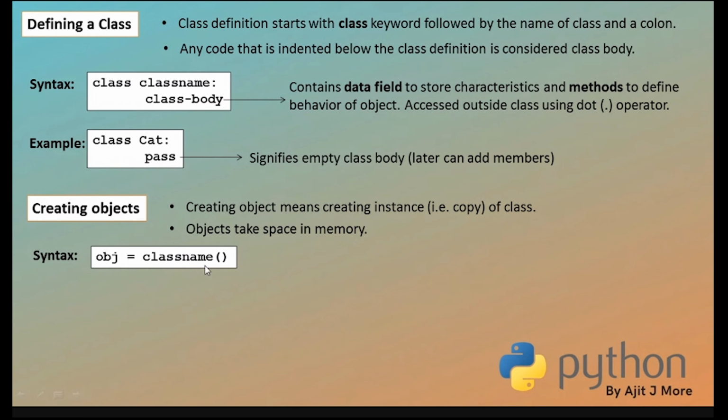And always remember, when an object of this class is created, implicitly, meaning you are not calling it by using any dot operator, one magic method is called, and that magic method is the constructor. And in your class, if there is no constructor, one constructor is added by default, if you haven't added it.